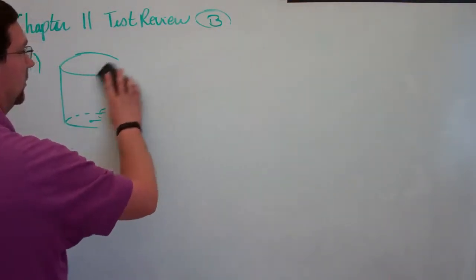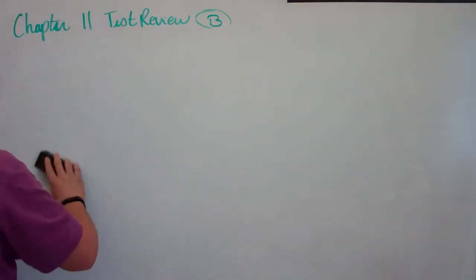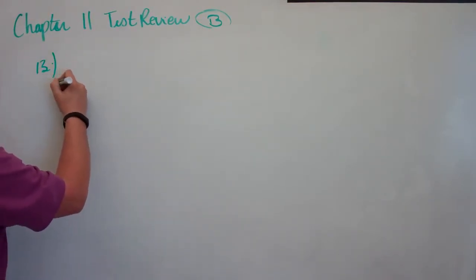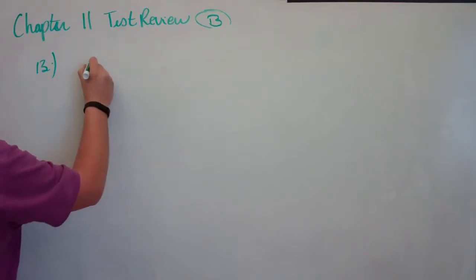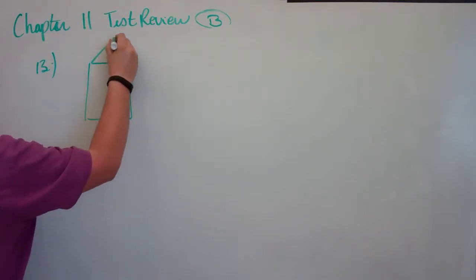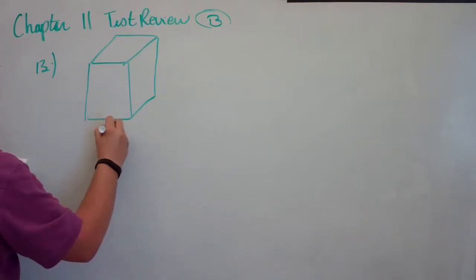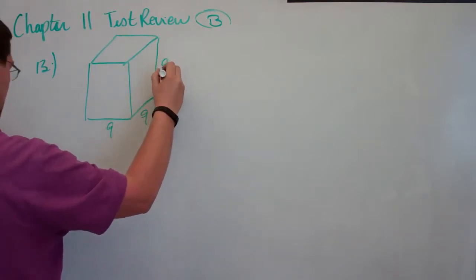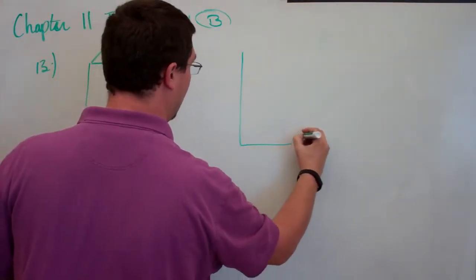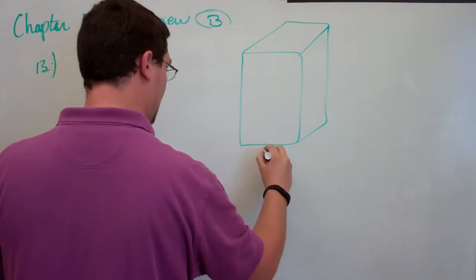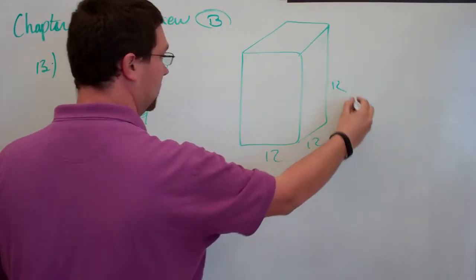Alright, number 13 now. We have 2 cubes. I'm going to leave out the dashed lines to make it look a little cleaner. 9, 9, 9. Then we have another one over here, which is 12, 12, 12.